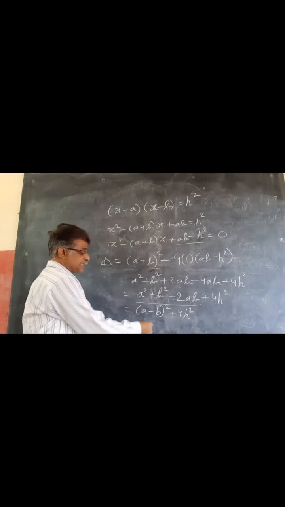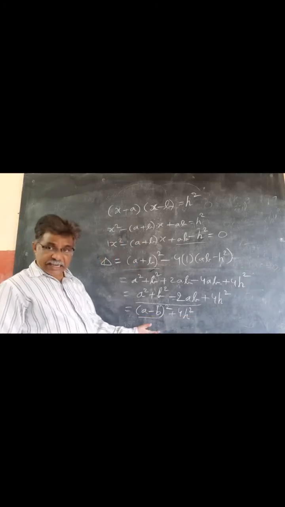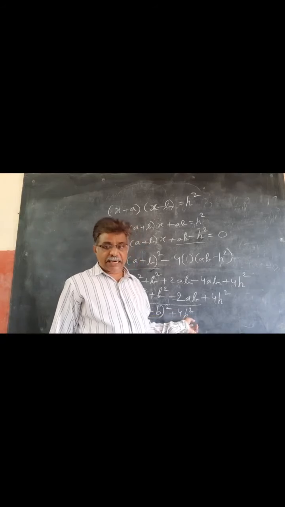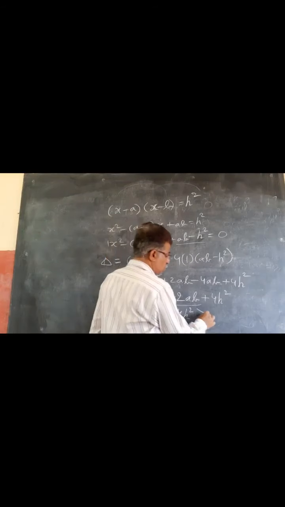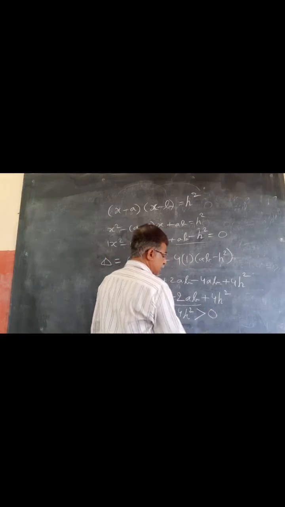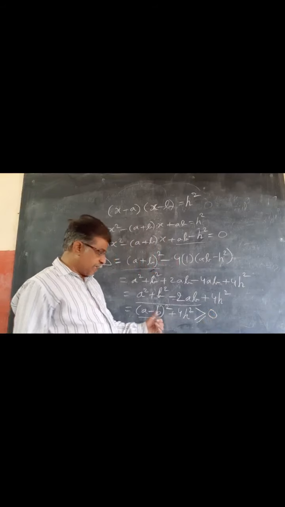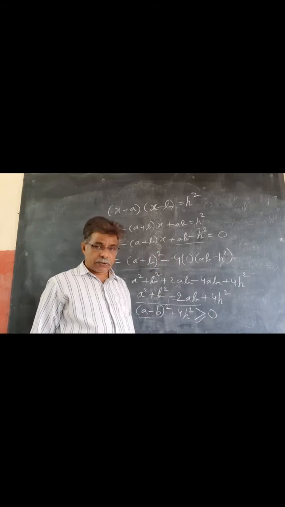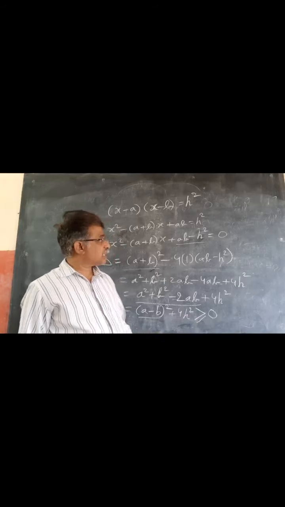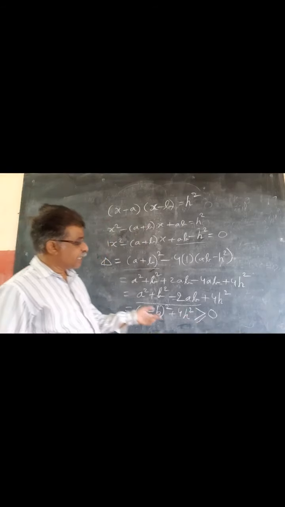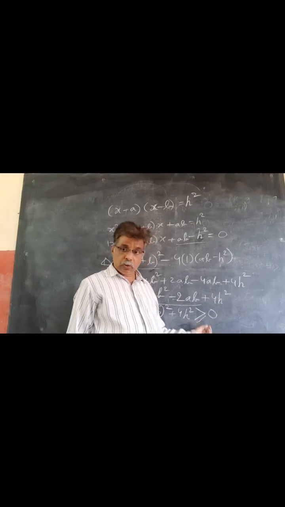Now observe, a minus b whole square is a square of some number, always greater than or equal to 0, and h square is also always greater than or equal to 0. So this whole thing is always greater than or equal to 0. It becomes 0 when a equal to b and h is 0, otherwise always greater than 0. It is not saying anything about h, a and b, so that's why it can be greater than or equal to 0.